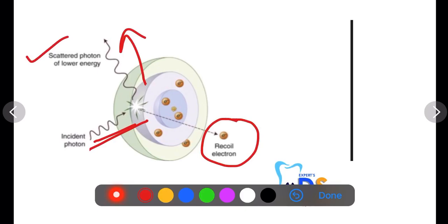As a consequence, a number of scattered photons will be produced, which ultimately affect the image by causing fogging, because of which the image is not that appreciated. So that is related to Compton scattering.